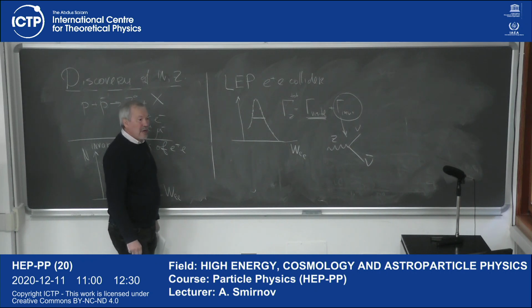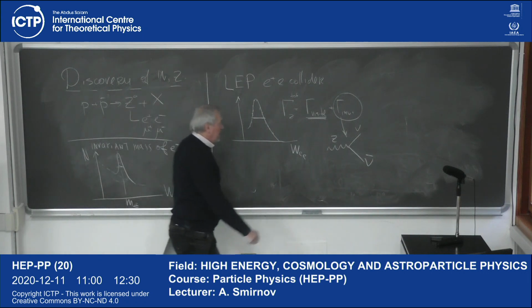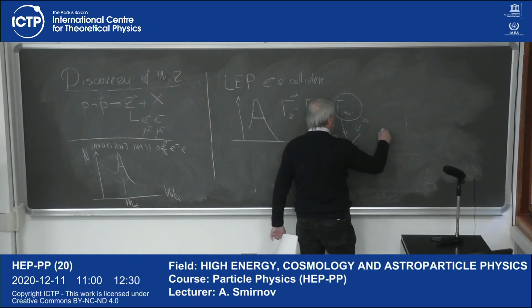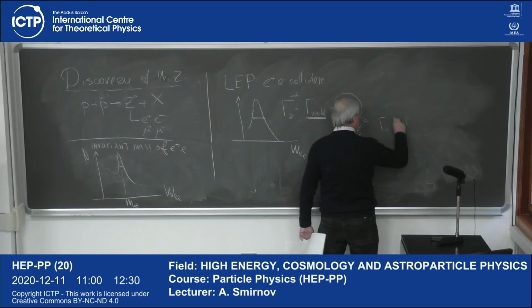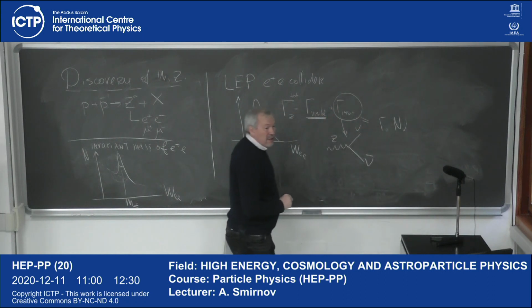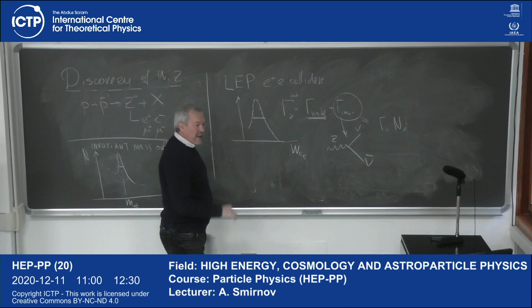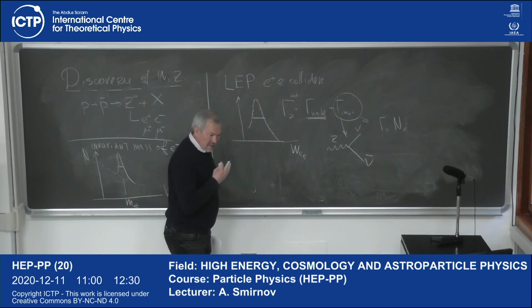That allows you to measure how many neutrinos exist in nature, right? Because this invisible width is given by gamma of a single neutrino multiplied by the number of neutrino species. And it was established that this is in very good agreement with 3 neutrinos.